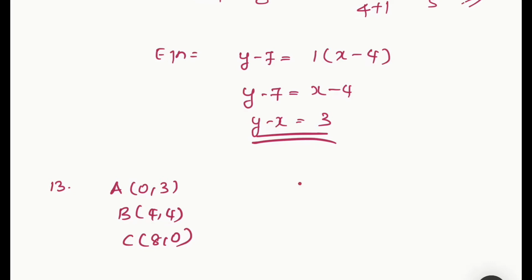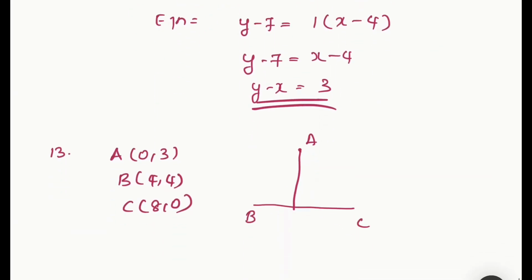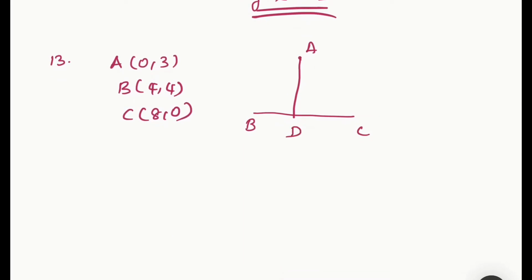So, if this is BC, this is A. Find the equation of the line through A perpendicular to BC. So, we need to find this AD itself. In order to find that, what do we do?